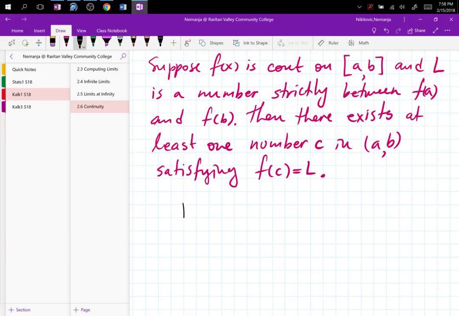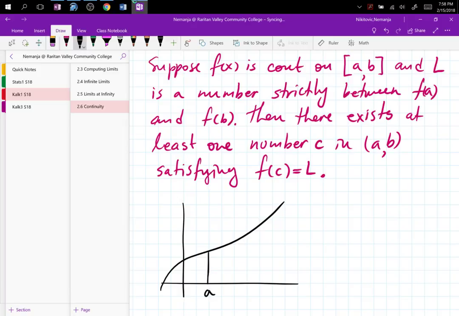So these words make a lot of sense when you see the graph. You have your A, which produces f of A, which is the y value. And you have your B, which produces f of B. Again, a y value.